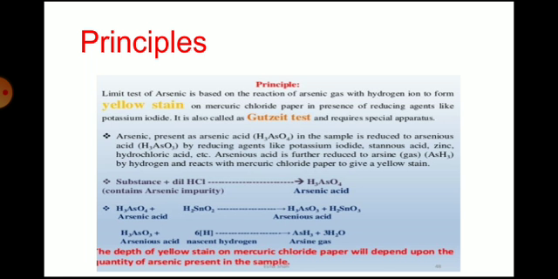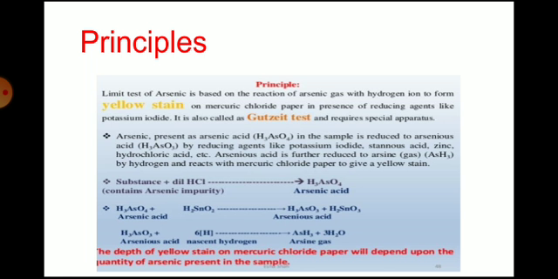Special precautions should be used. In the limit test of arsenic, the first point is that arsenic acid present in the sample is reduced to arsenious acid by adding reducing agents like potassium iodide, stannous chloride, zinc and hydrochloric acid.